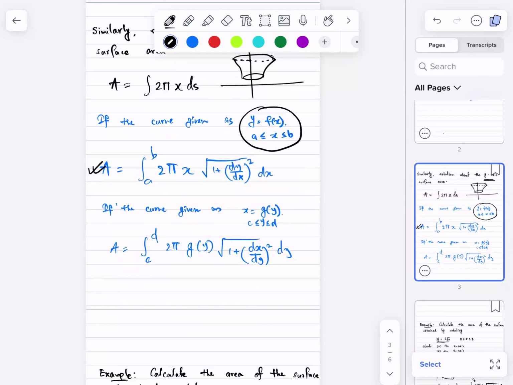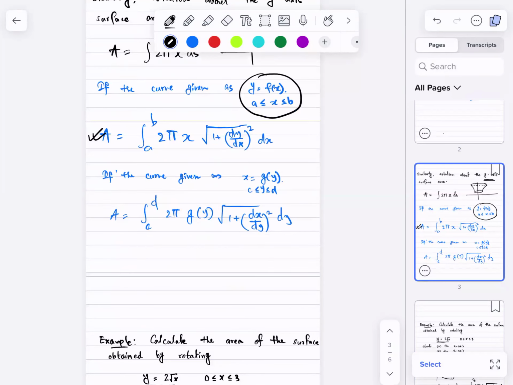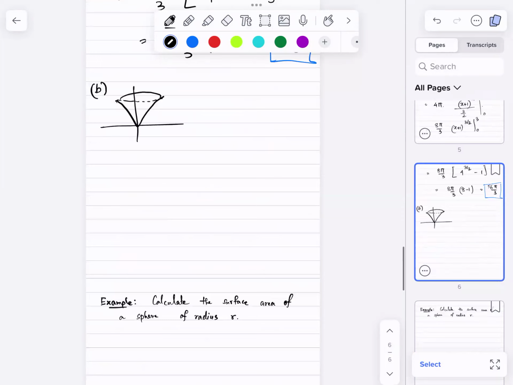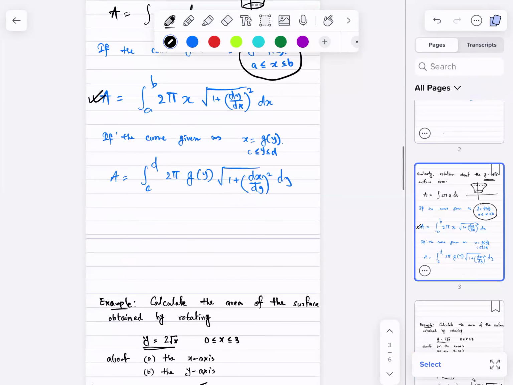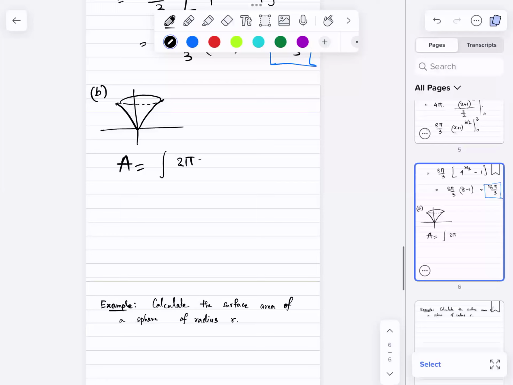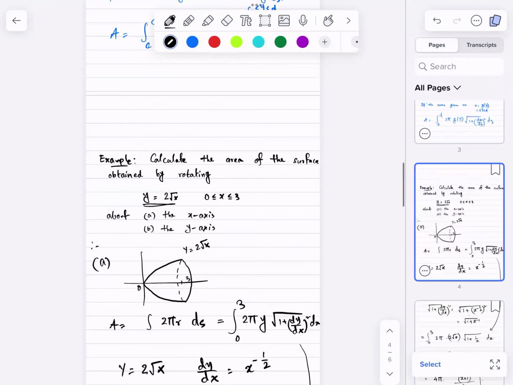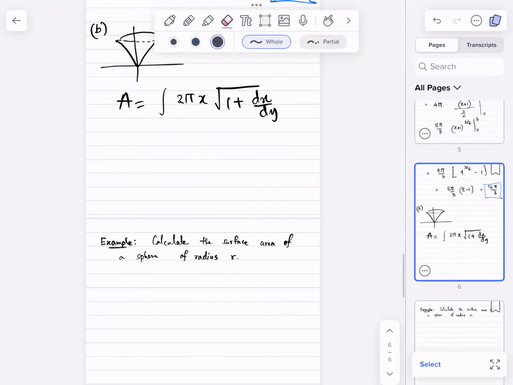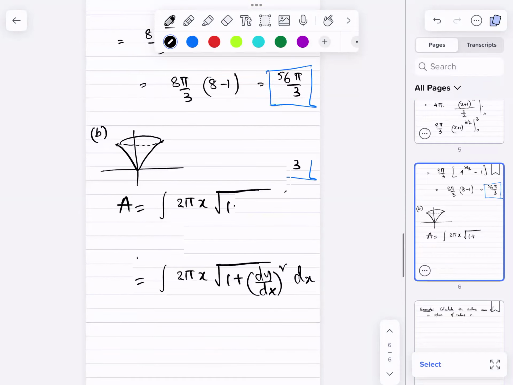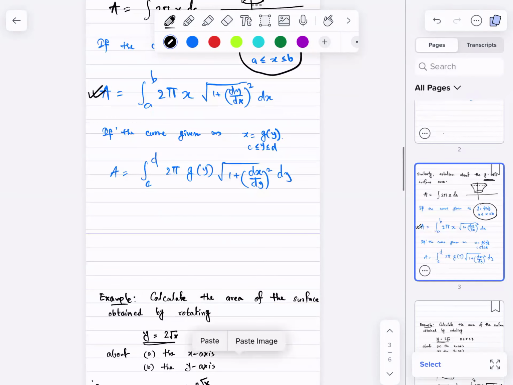So if I want to use that formula, then I should be writing A is 2 pi x times the square root of 1 plus, what's the other thing? Oh, (dy/dx) squared, dx. You have to be careful when you are using this.